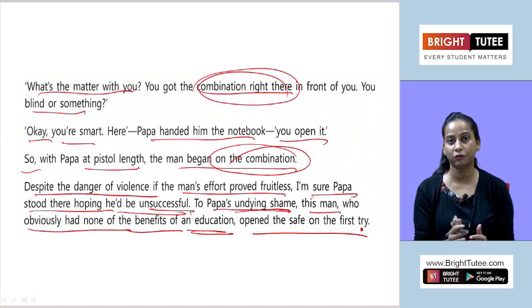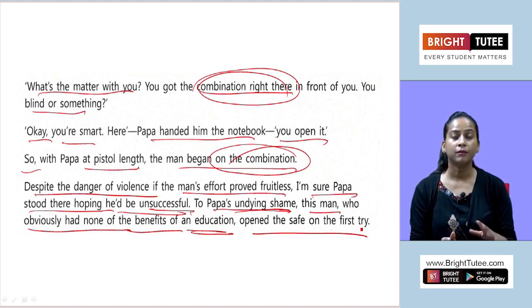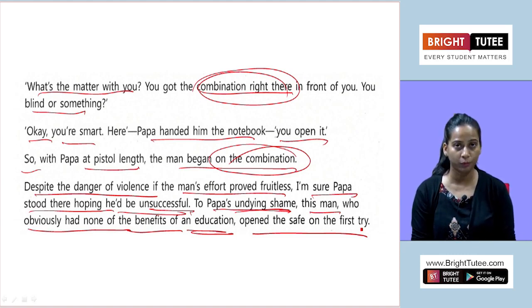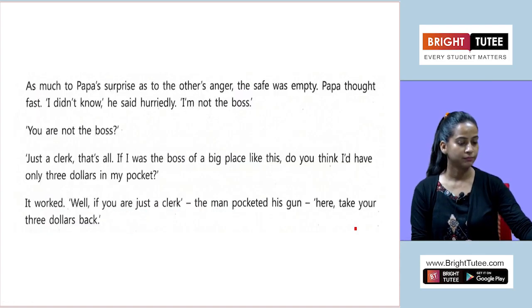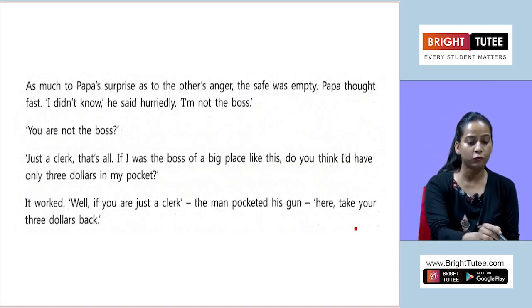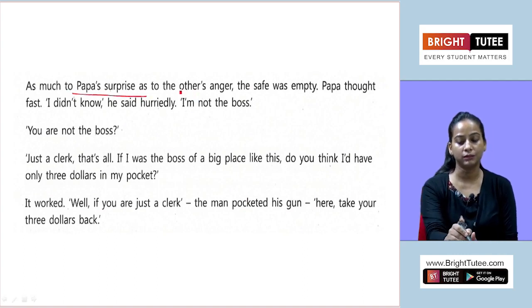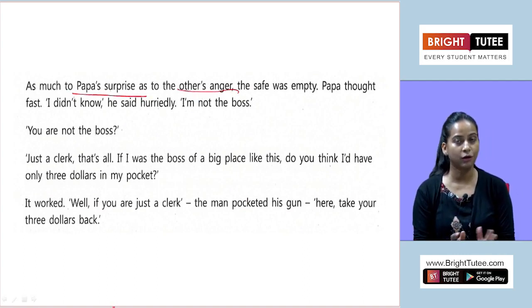Opposite to the expectation of Papa, who was thinking that he would not be able to open it, he was able to open the safe on the first try. As much to Papa's surprise as to the others' anger. Now the other people who were present were getting angry, and Papa was surprised at how he was able to open it.